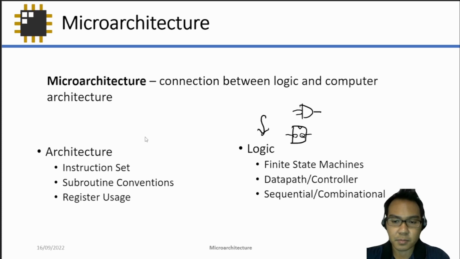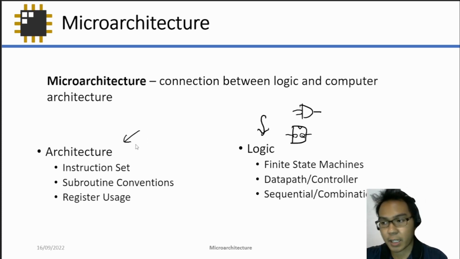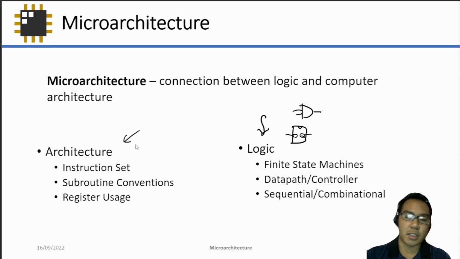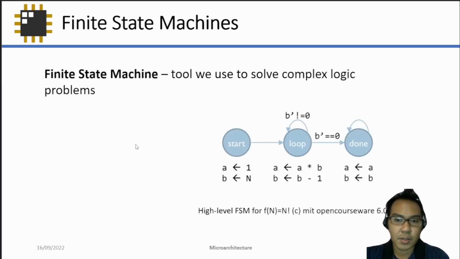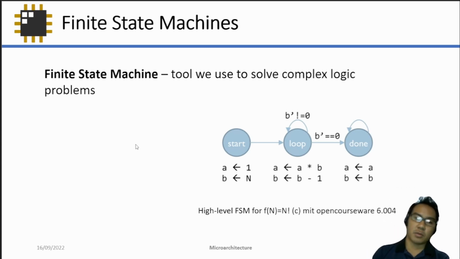And architecture is what Mamvion has discussed in the previous week. In the previous weeks, these are the instruction sets, the conventions for how we call subroutines, and conventions for how we use the registers.